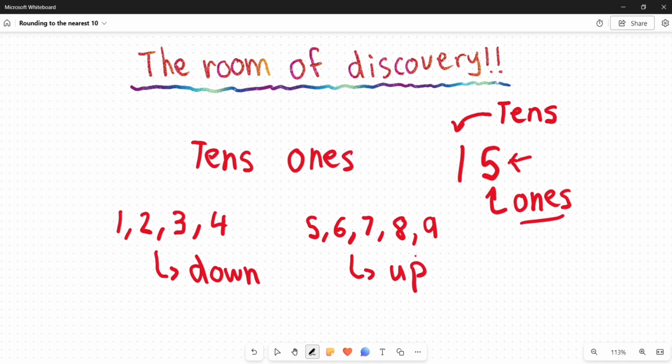Now that we've been able to understand how to round to the nearest 10, let us do some challenges so that we'll be able to understand how it works. So grab your boards and your papers and let us solve these challenges together.